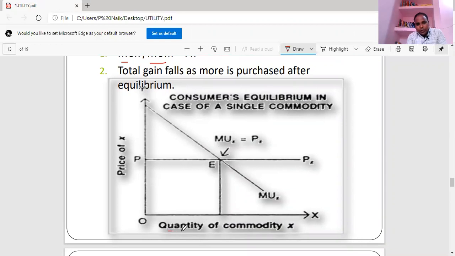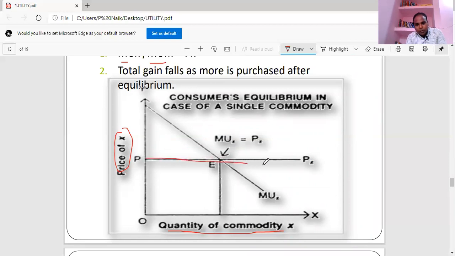This is the x-axis, the quantity of commodity X, and this is the y-axis, the price of X. The price of X is written on the y-axis, and the quantity of commodity X is shown on the x-axis.